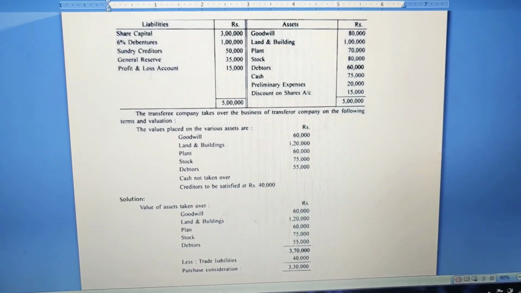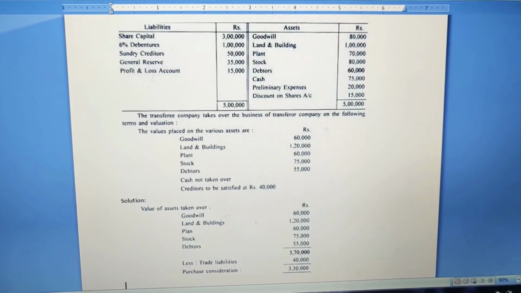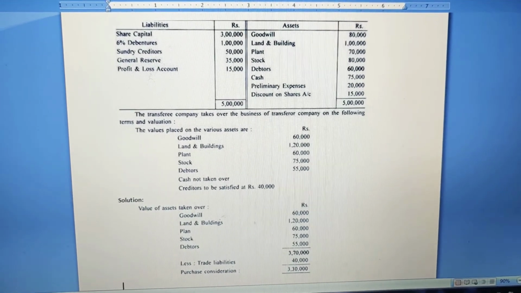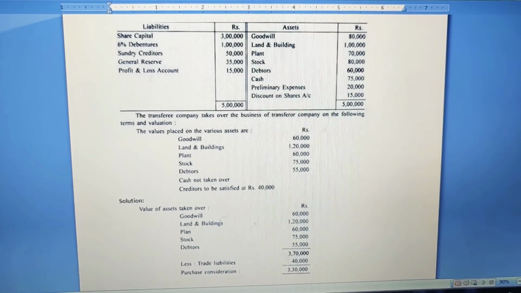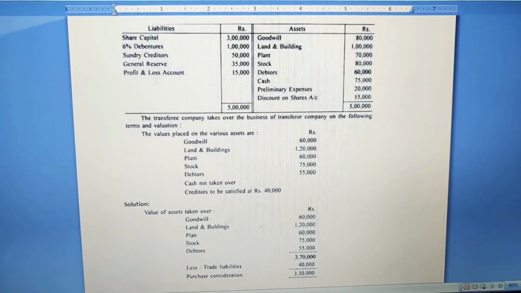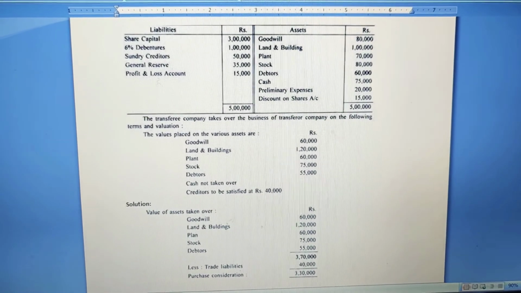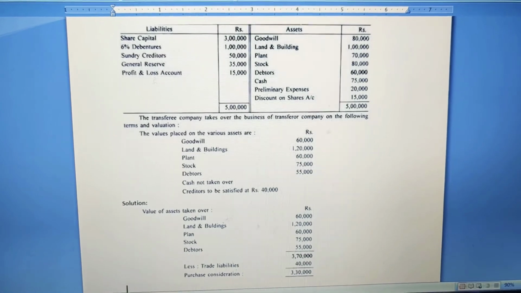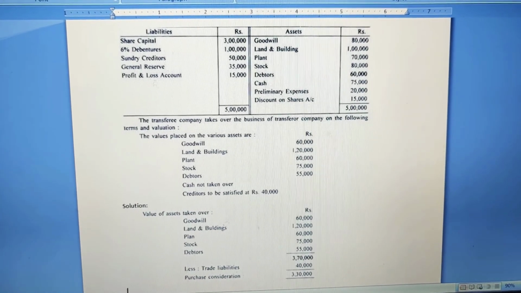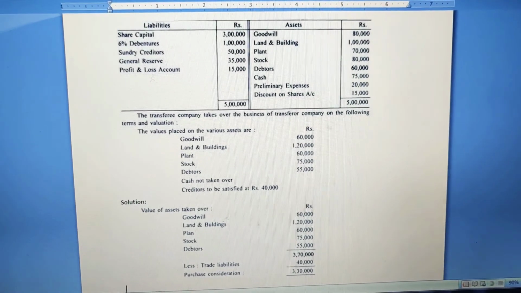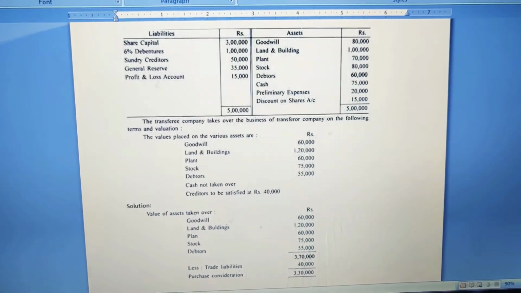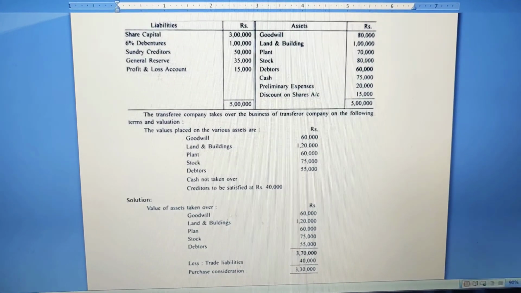They valued goodwill at 60,000, and the book value was 80,000. So they are taking 80,000 worth of goodwill at 60,000, and in the purchase consideration you will take 60,000 and not 80,000.